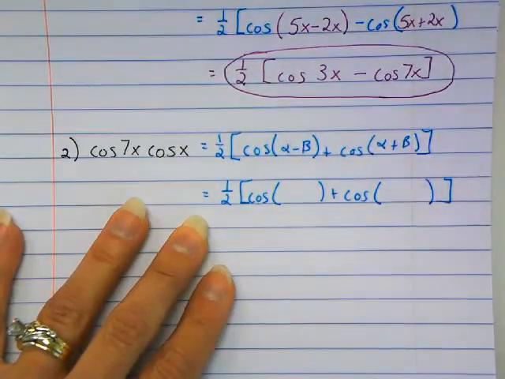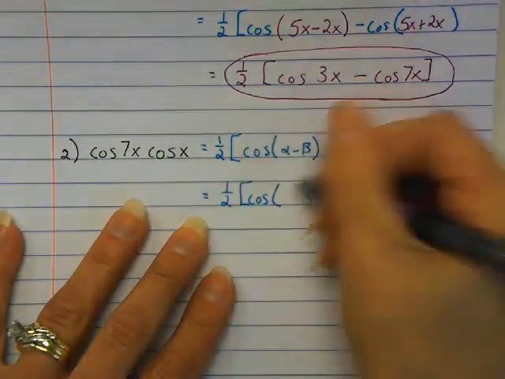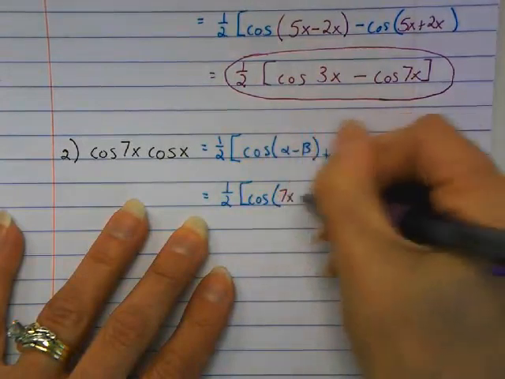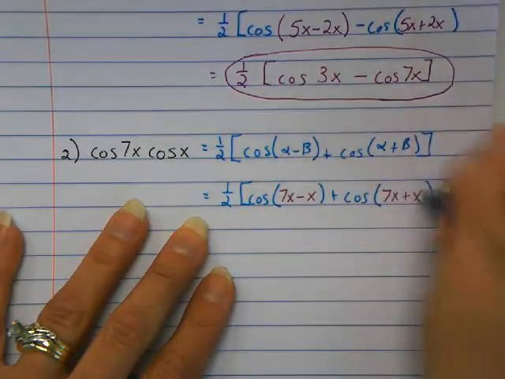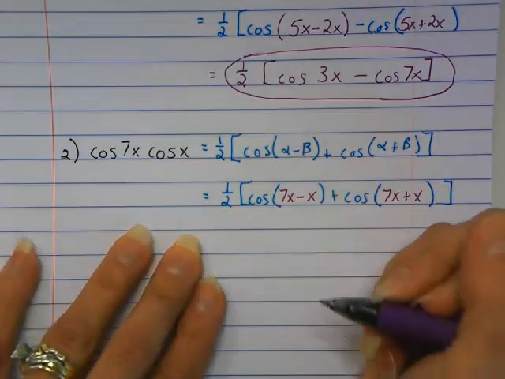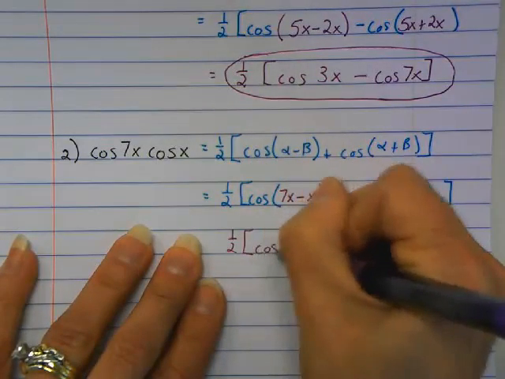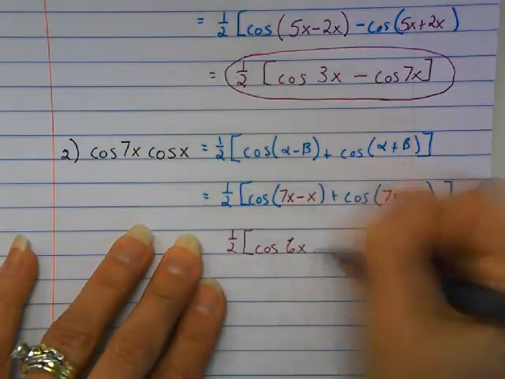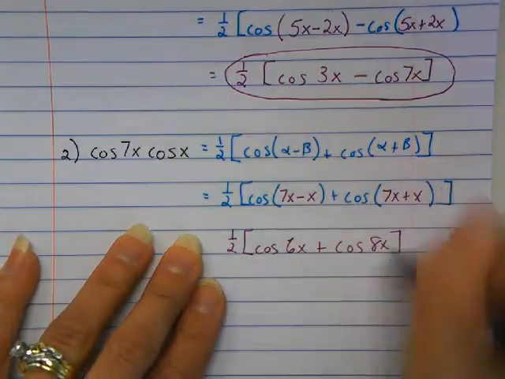Alright, so let's go ahead and plug in. Alpha is 7x and beta is x. So my final answer, clean it up, 1/2 cosine 6x plus cosine 8x.